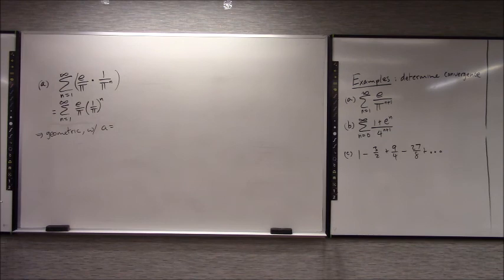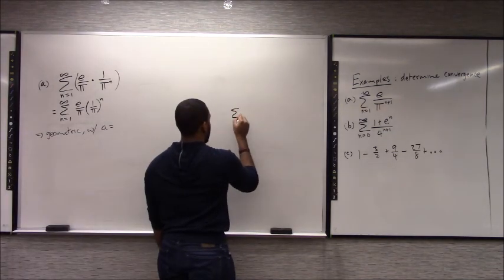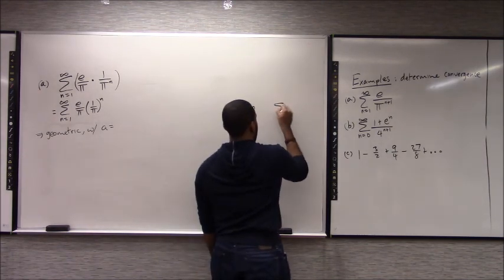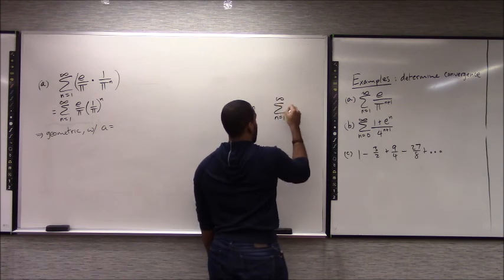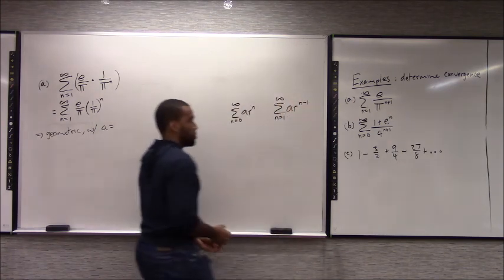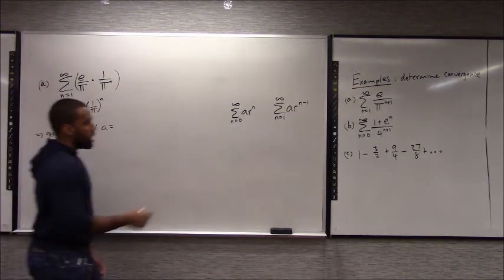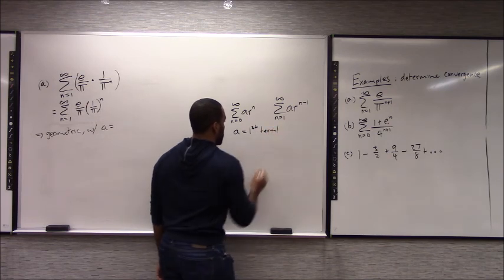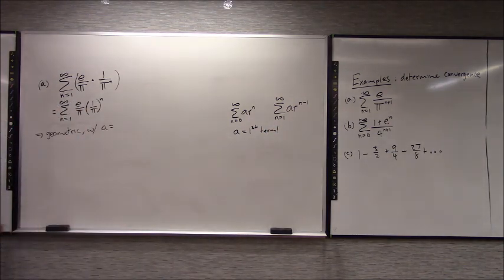No, not exactly. So you have to remember there are two variations, right? Now your a is meant to be the first term. That's how you want to think of it. So it's not just going to be e over pi actually. One way you want to do this is to notice where you're starting from.